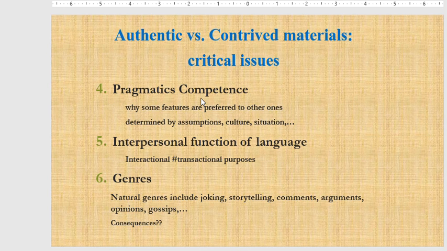For example, when you're talking about the weather, both of you already know about that weather, yes? But you talk about weather because you want to make the other one a friend, because you want to greet, because you want to start a conversation. So in natural contexts, we use language first for interpersonal relationships, for creating personal relationships.